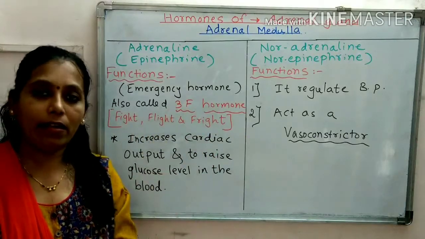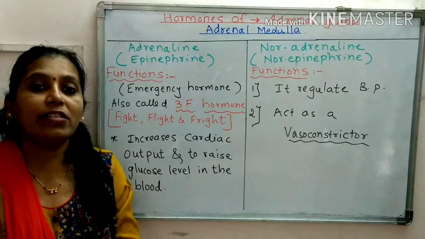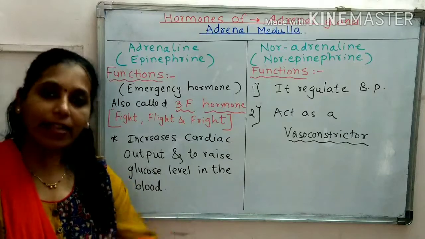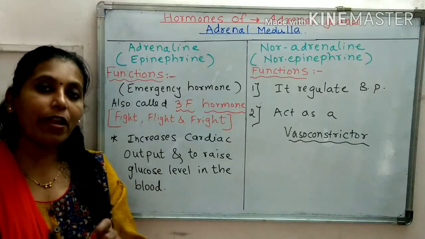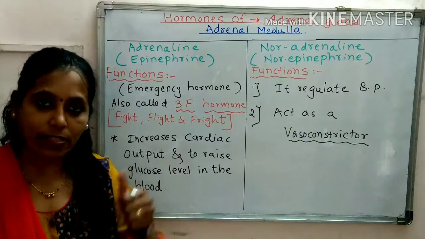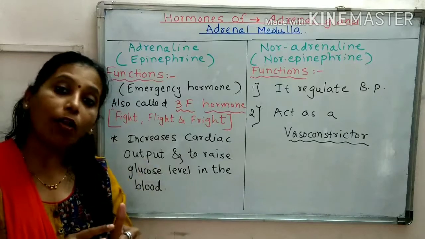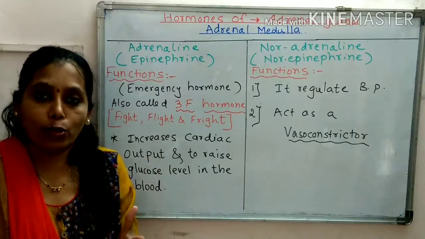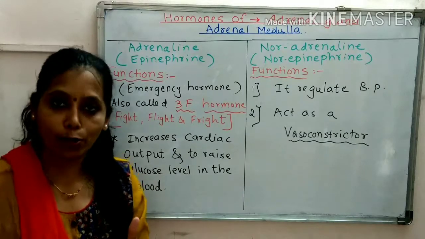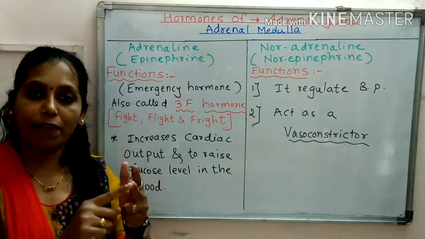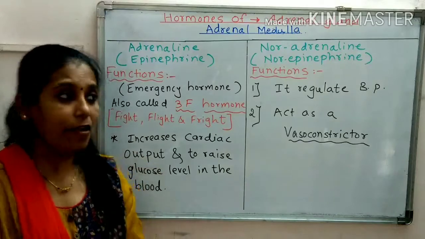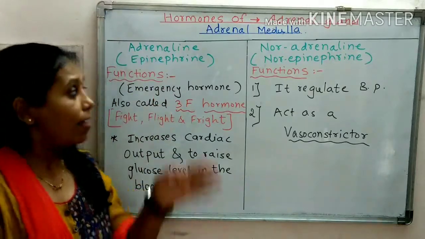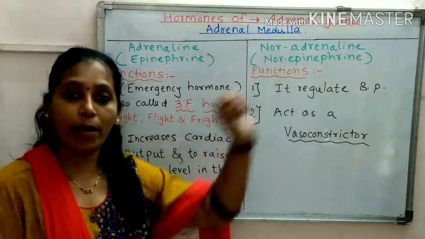Whenever we are in a dangerous or emergency situation, either we will fight with that situation, or we will run away, or we will get scared. At this 3F, this hormone is particularly secreted by adrenal medulla.